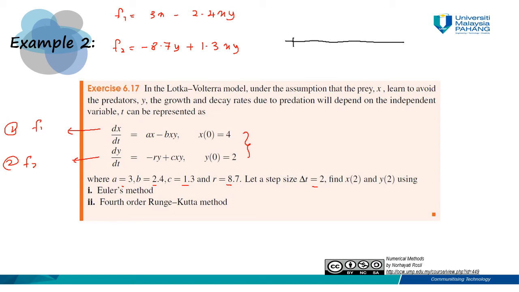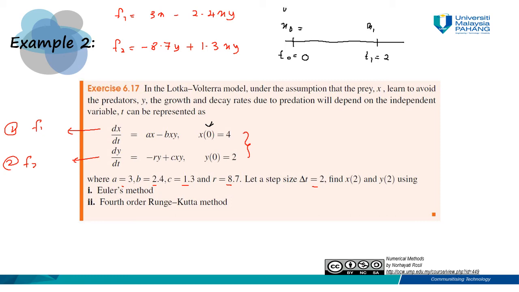We start with T0 equal to 0 and y0 here, the initial condition. Then our step size is 2, so T1 is equal to 2. The question asks you to find x when t equals 2 and y when t is equal to 2. So this question is very simple because you just need to find x1 only.